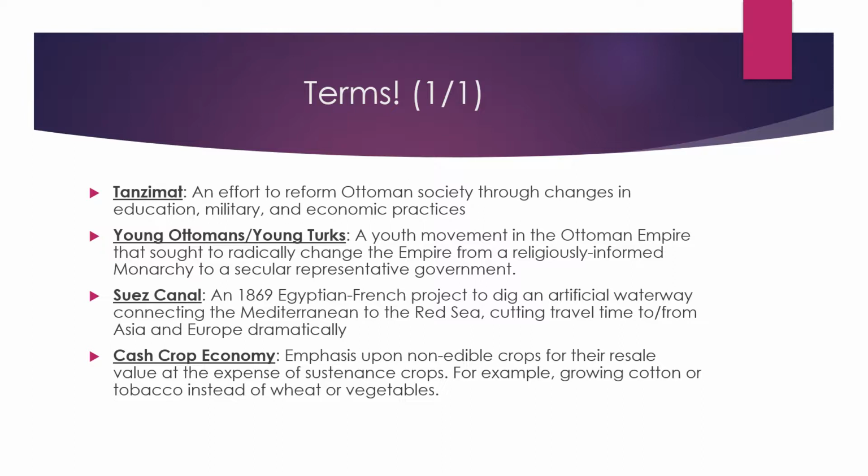This is an emphasis upon non-edible products, things like cotton or tobacco, that are valued for their resale abroad and tend to bring in high dollar. And this is usually at the expense of sustenance crops, things like cereals or vegetables, that sort of thing. A good example of this is growing cotton in Egypt, as we will see happens in the mid-19th century.